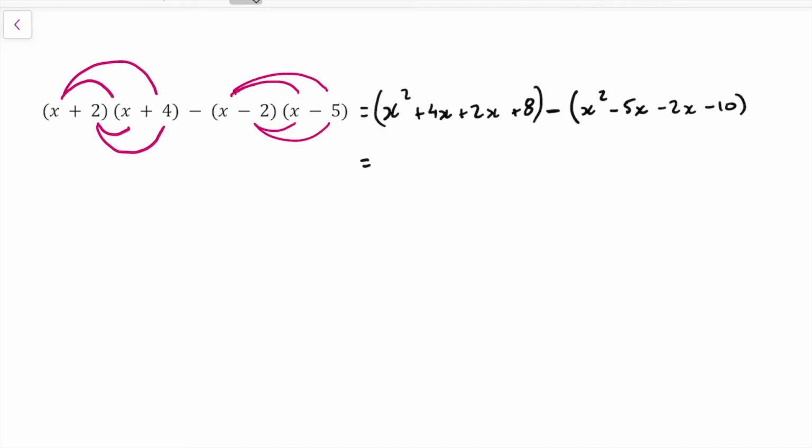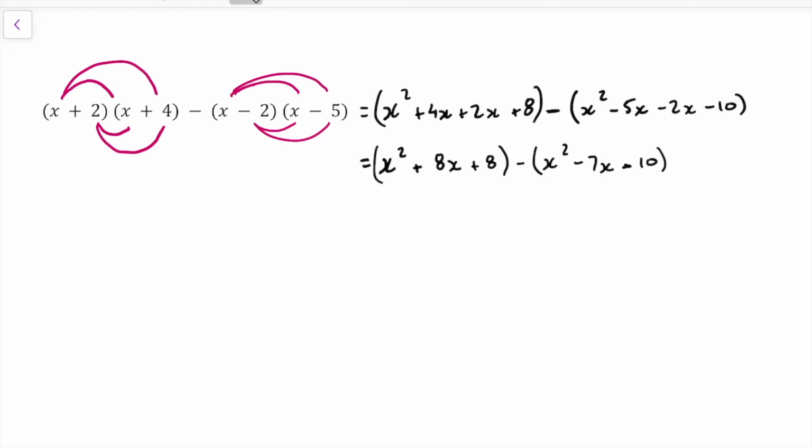Alright, consolidate within each bracket, so I'm going to have x squared plus 8x plus 8, and x squared minus 7x minus 10.